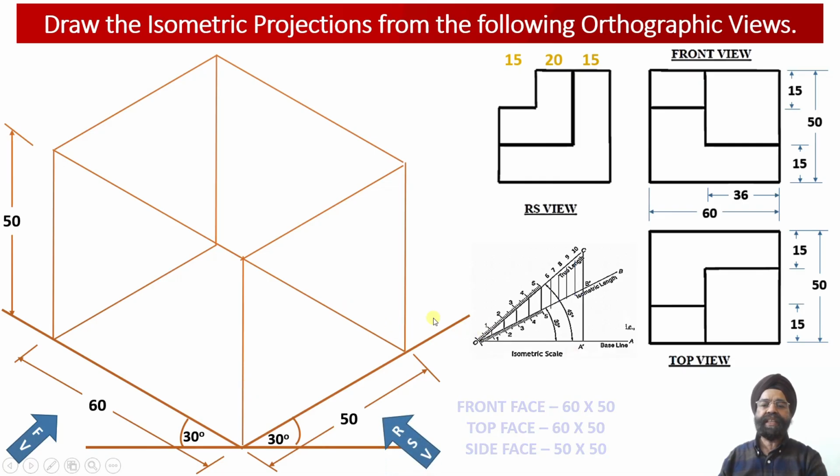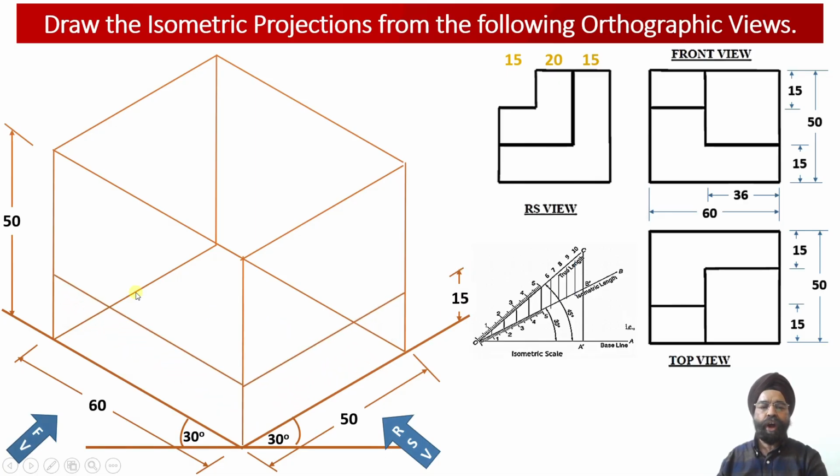As we have discussed, at a height of 15 millimeter there is going to be a horizontal web which will be visible to us from the front view, and from the right hand side view. Corresponding to this horizontal web, which has a thickness of 15 millimeter, we have marked a thickness of 15 millimeter over here.